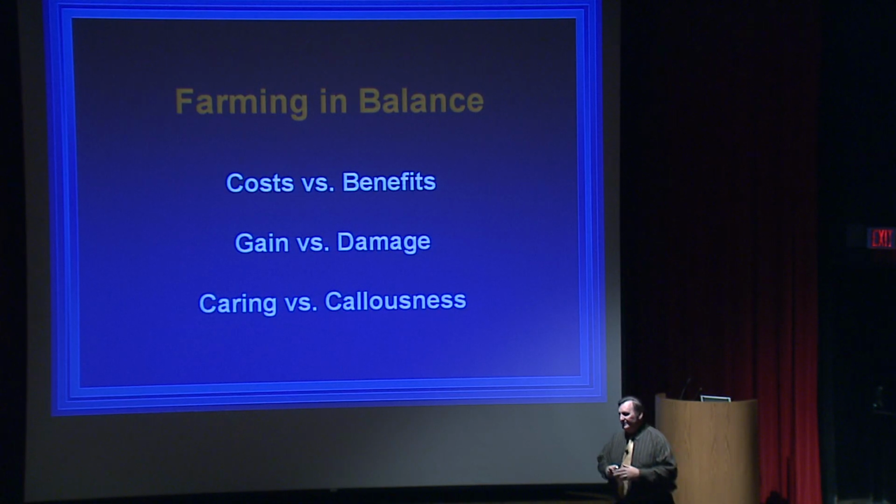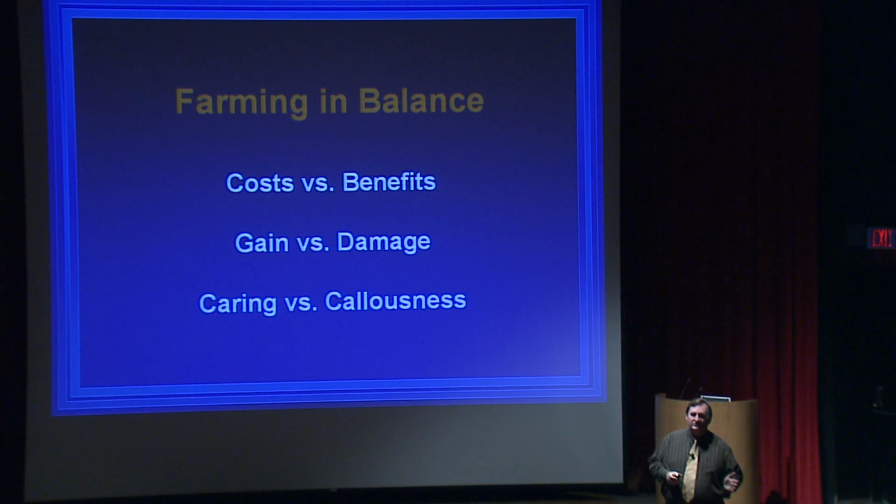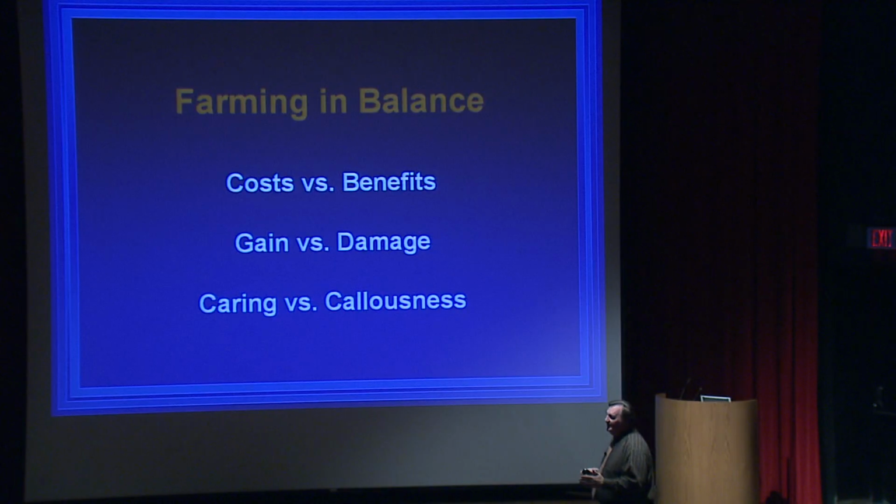And so within that wide array of farming practices, there are farmers who care deeply about the land. There are others who care less and are just in it for the profit. There are some who care deeply about the animals they raise. There are others who care less about them. There's caring, there's callousness, there's really all of this mixed into the picture.